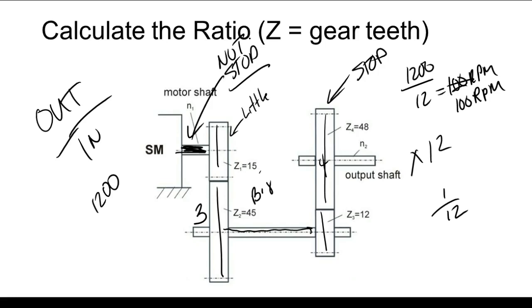So right now, if this output right here stopped, this guy here would have to stop. It would stall, right? Or something's going to tear up. So what a clutch does is it allows us to stop the output without stopping the prime mover.